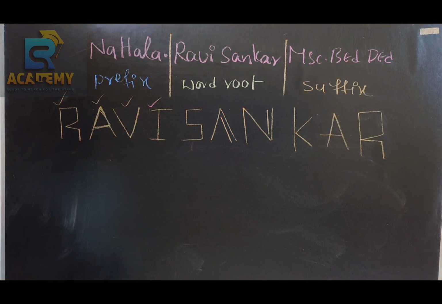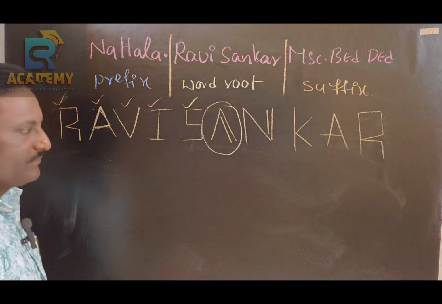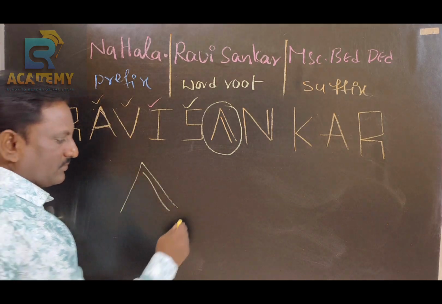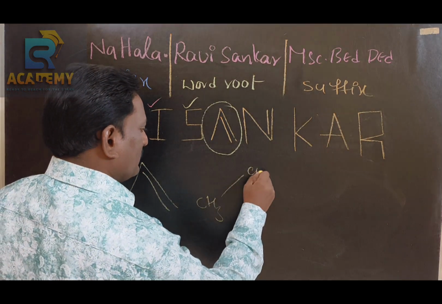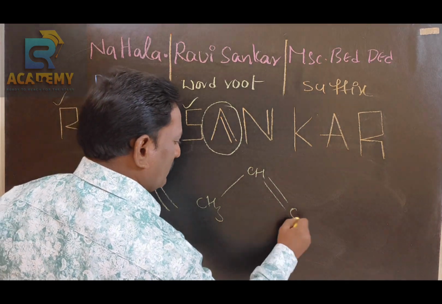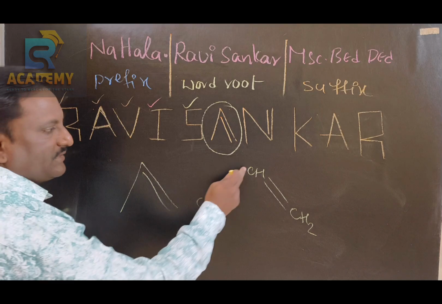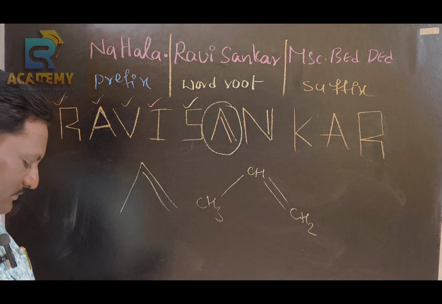Next one. As that is completed, let us look at the next. Let us write carbons: CH3, CH double bond CH2. This is a double bond.